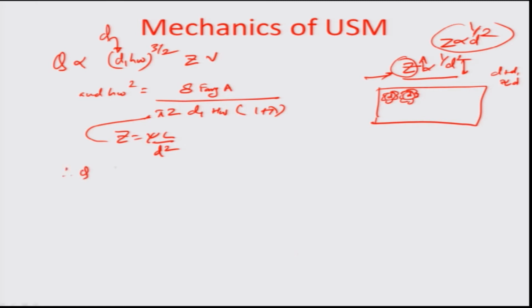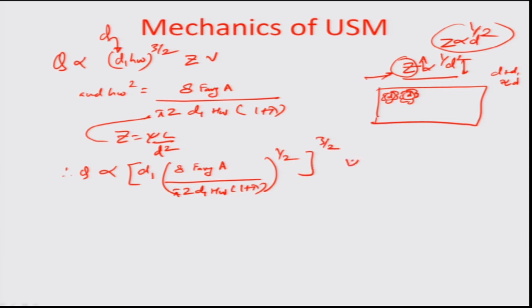So, Q therefore becomes equal to, again if I just wanted to substitute h w back into this equation, we have d1 times of 8 force average A divided by pi z d1 h w 1 plus lambda to the power of half, whole to the power of 3 by 2, times of xi c by d square times of nu.